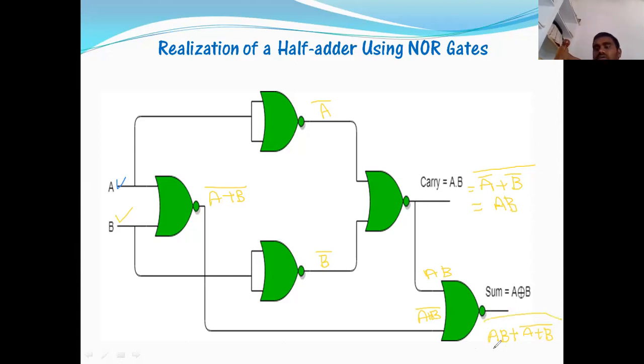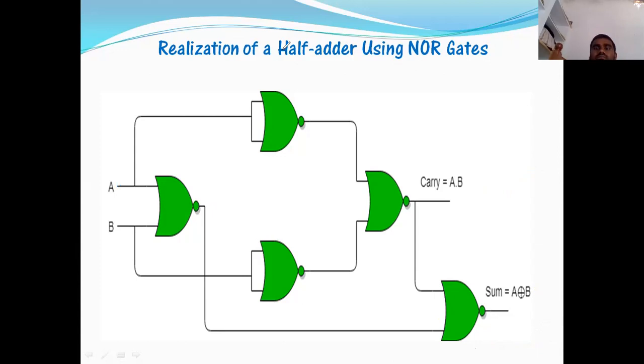So after simplification of this total equation, we are getting here A XOR B. Okay. So this is the realization of half adder using NOR gates.